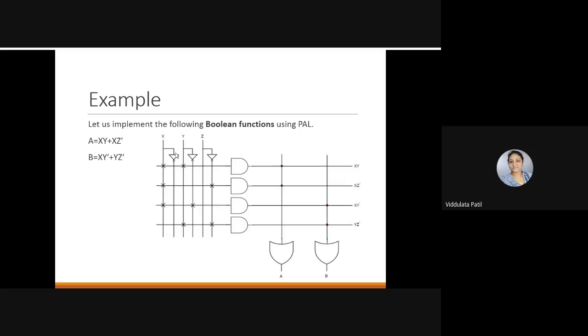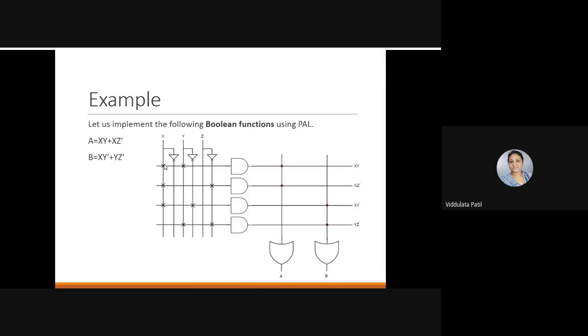Okay. So here you can see that suppose we have three inputs, that is x, y and z. So each one will be having a logic, that is a 0 or 1. So x may be having a 0 or 1. So depending on that, here we will have the inputs, that is x or x bar. Okay. So these inputs are connected to the AND gate through this connection.